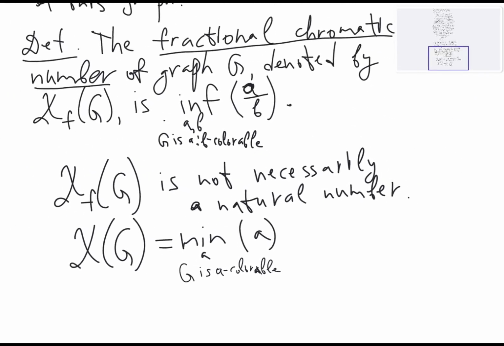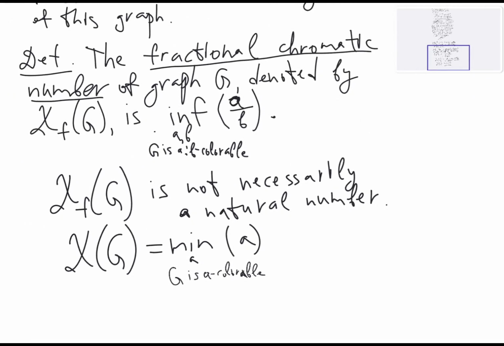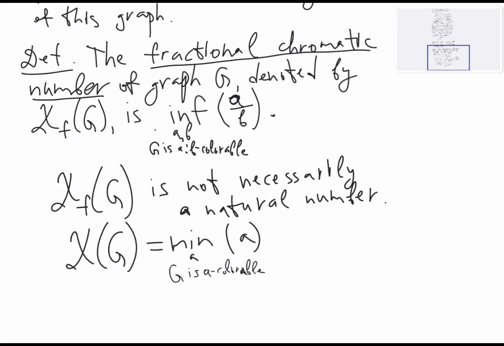Basically, it's the minimum number of colors in which we can properly color the graph, right? So it's a minimum over the total number of colors, such that we can color G in A colors.